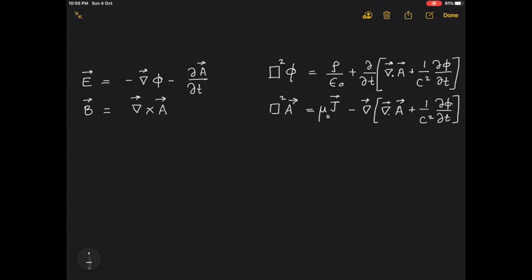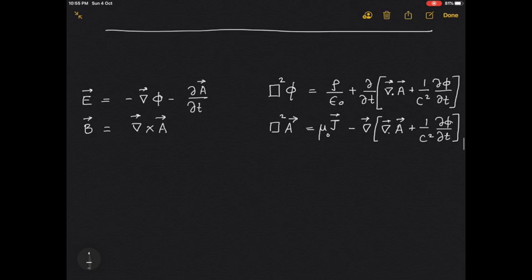And because divergence of A is still not fixed, I need to specify divergence of A to solve these equations. By the way, there are 4 equations here now. There are total 4 equations here. So I need to specify divergence of A.